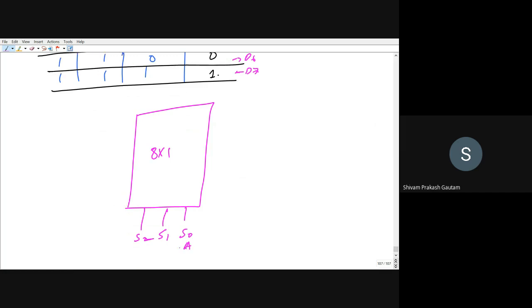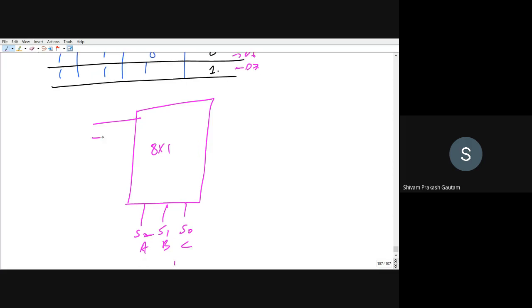What we are calling in our example is C, B, and A. And we are having 8 inputs, D0, D1, D2, D3, D4, D5, D6, D7.